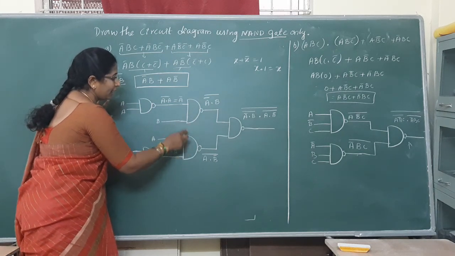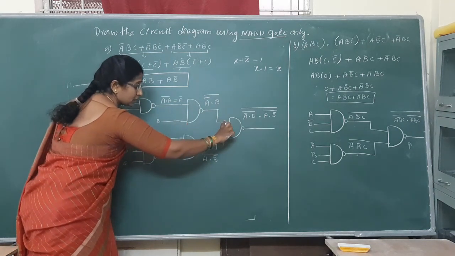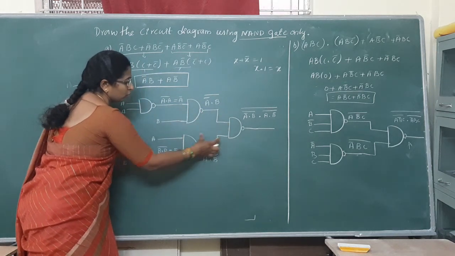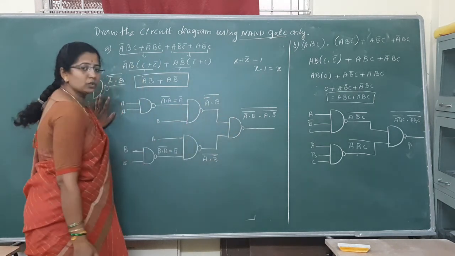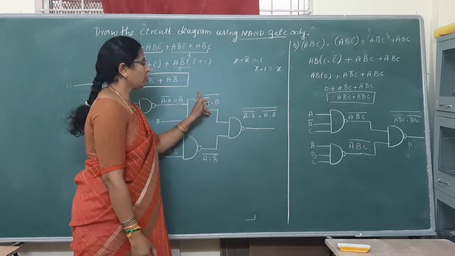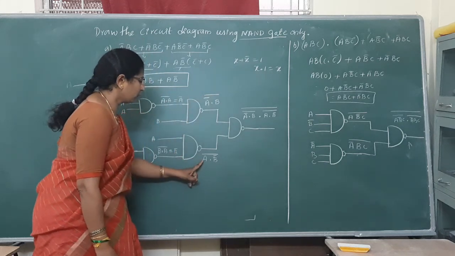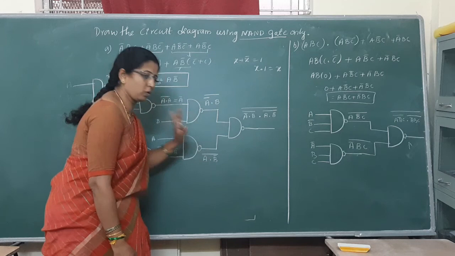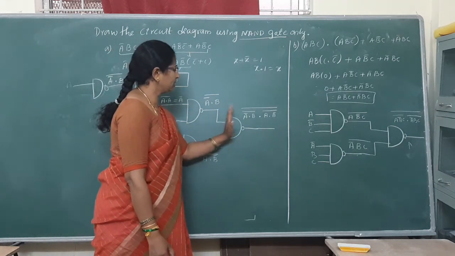Now I am applying the NAND with the fourth circuit; circuit 2 and circuit 3 we are giving into circuit 4. See here, A complement into B whole complement, and here A into B complement whole complement. Same I am giving into the circuit.